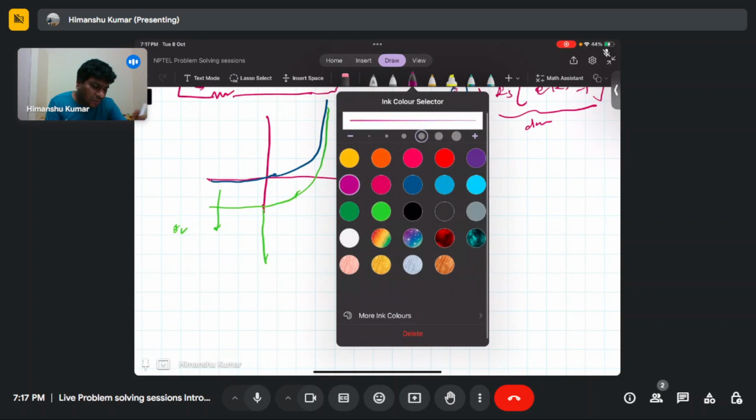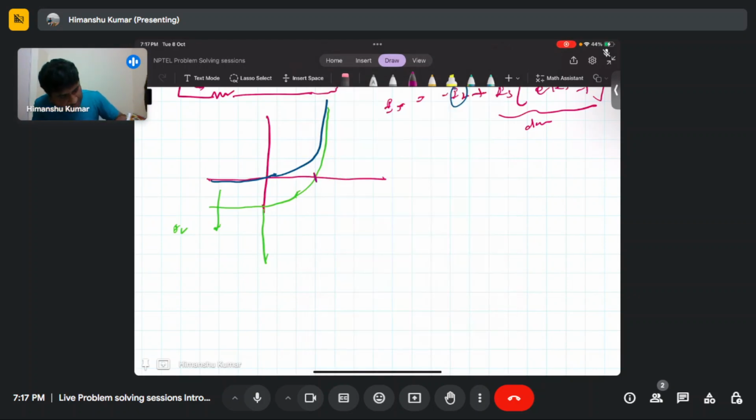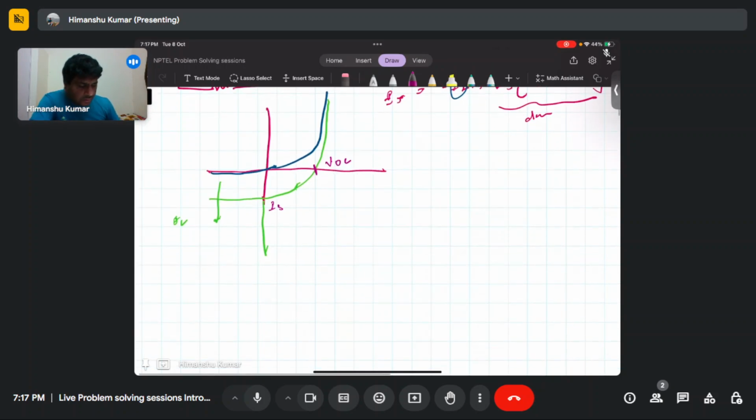There are two important parameters. This is the short circuit current, I_SC, and this is the open circuit voltage, V_OC, and that basically determines the characteristics of your solar cell. Then you can determine the efficiency, which is power out divided by power in.